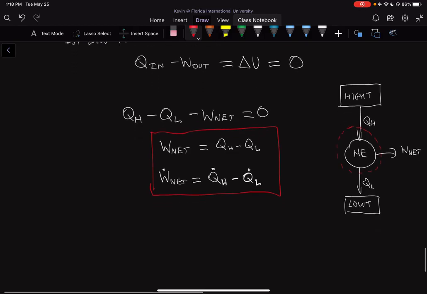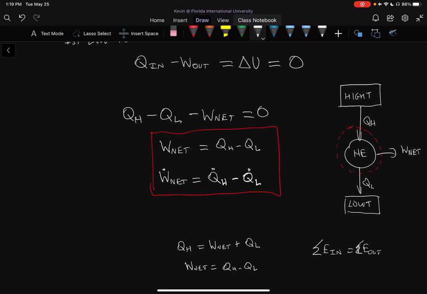We would do the sum of energies in is equal to the sum of energies out. We would come out to the same exact conclusion. We would have energy in is QH, and that would be equal to the energy out, which is work net plus QL. And if we rearrange this, we get that W net is equal to QH minus QL. So two different ways of looking at it.